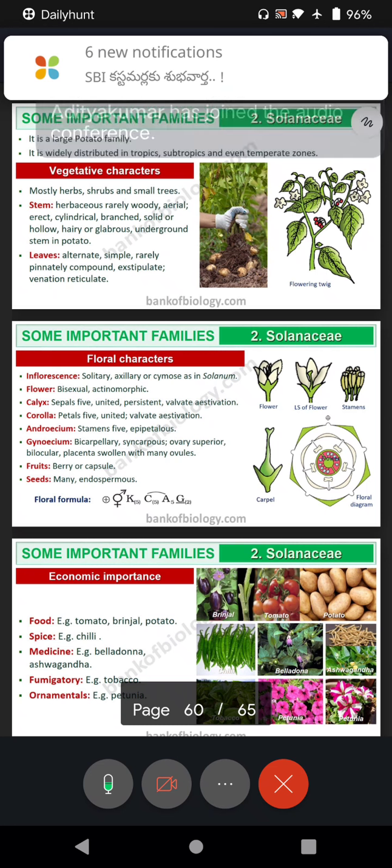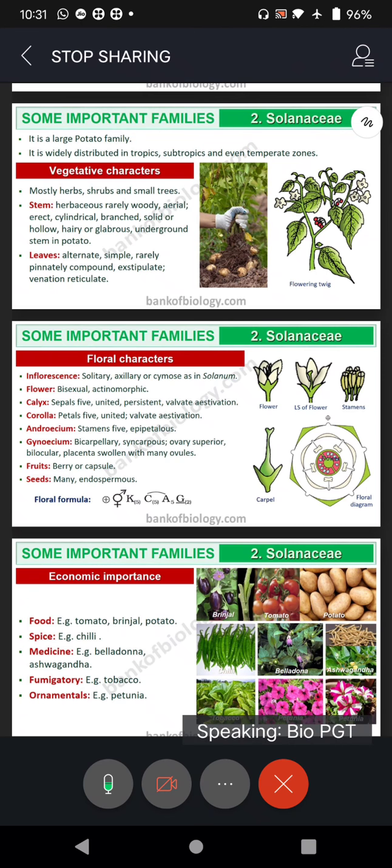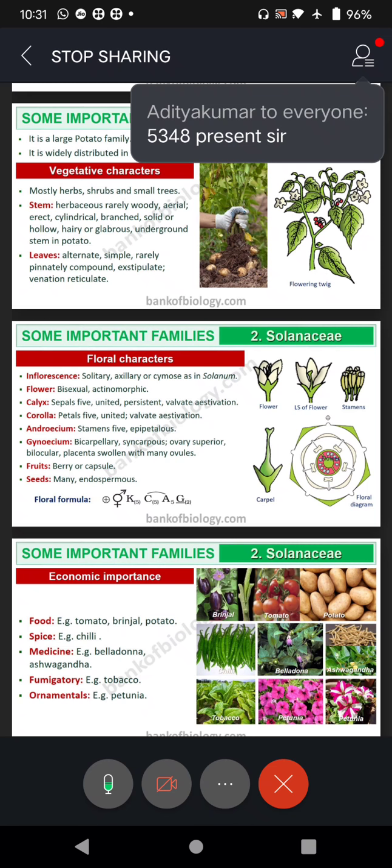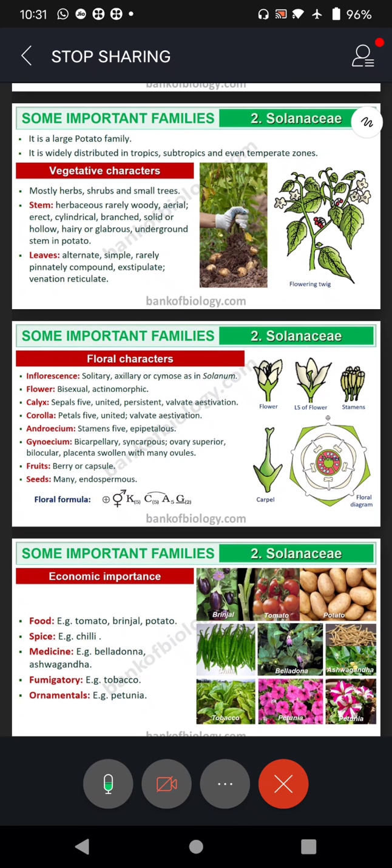After flower, inflorescence. After that, it is families. In that families, I said entire family, if we keep on writing morphological characters, it will run to some 6 pages at least. Instead of writing that much lengthy description, we can describe the entire family in the form of two versions.